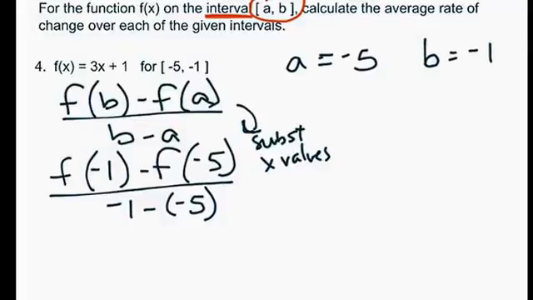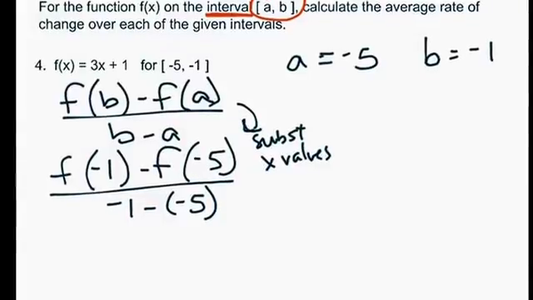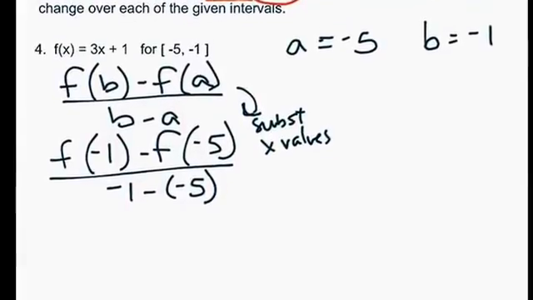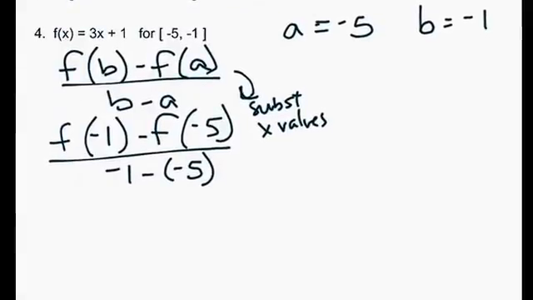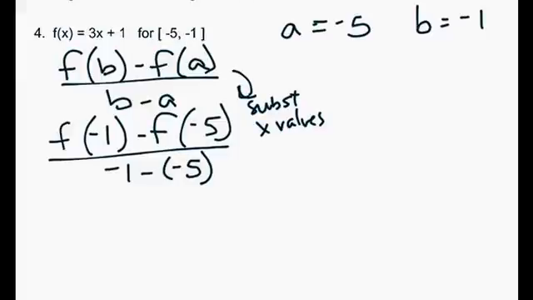Okay. Now, what we need to do is find the y values. But if you remember, on the last problem, we were given the y values. Here we're not. But we are given a function. So if we've got an equation and we've got x values, we can find the y values. I'm going to do this in yellow.